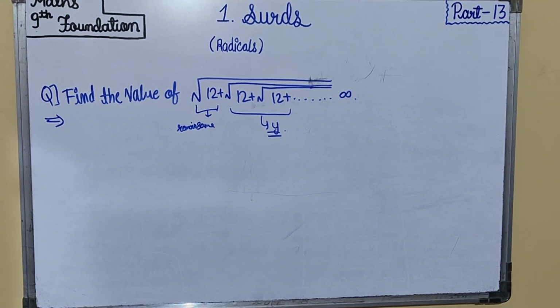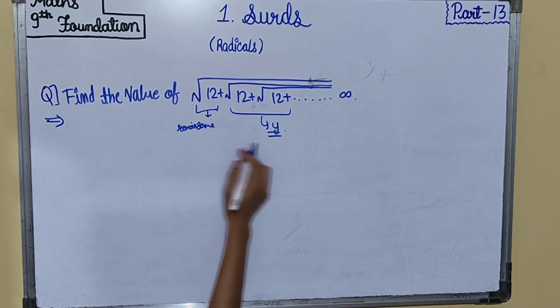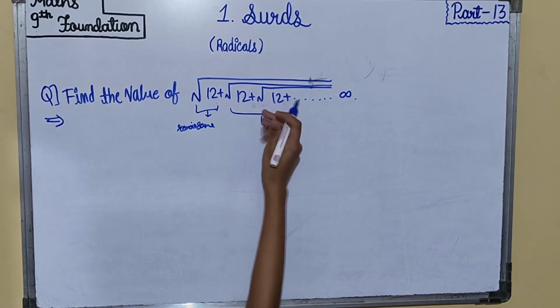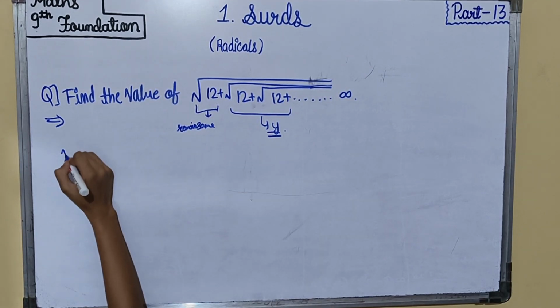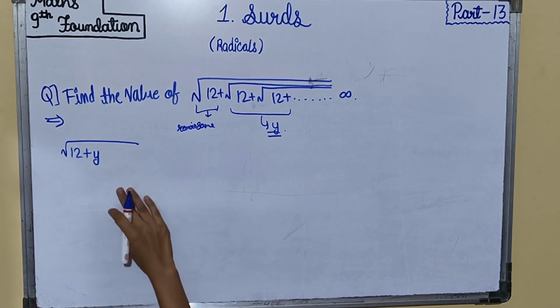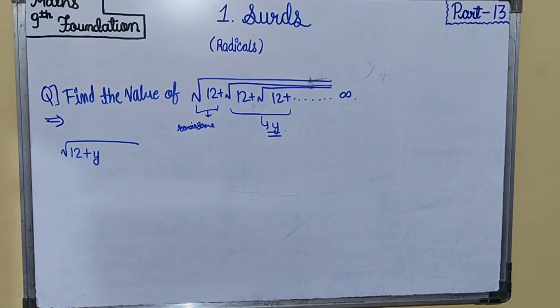Then this whole y represents the number after the first number till infinity. So we'll write 12 plus y. And y is root 12 plus root 12 plus root 12 till infinity. That is the value of y.